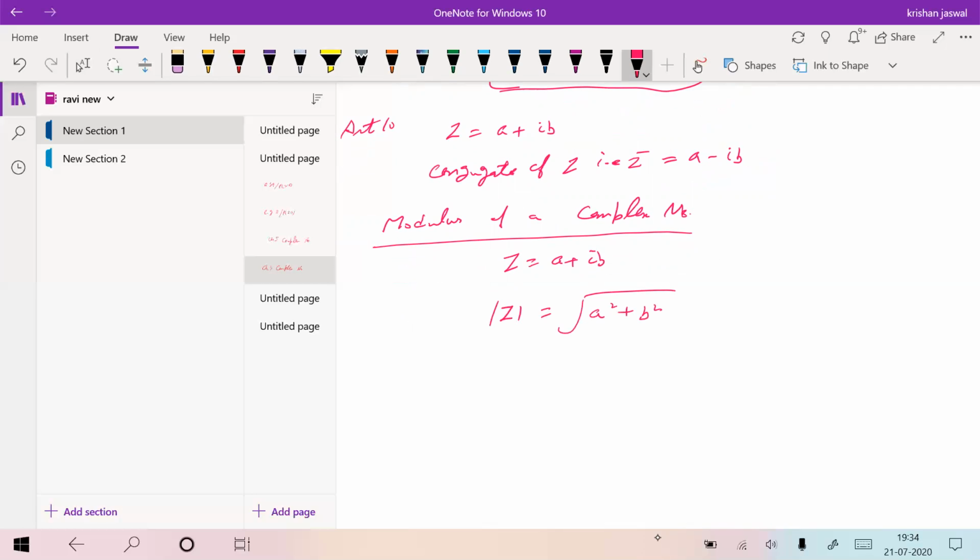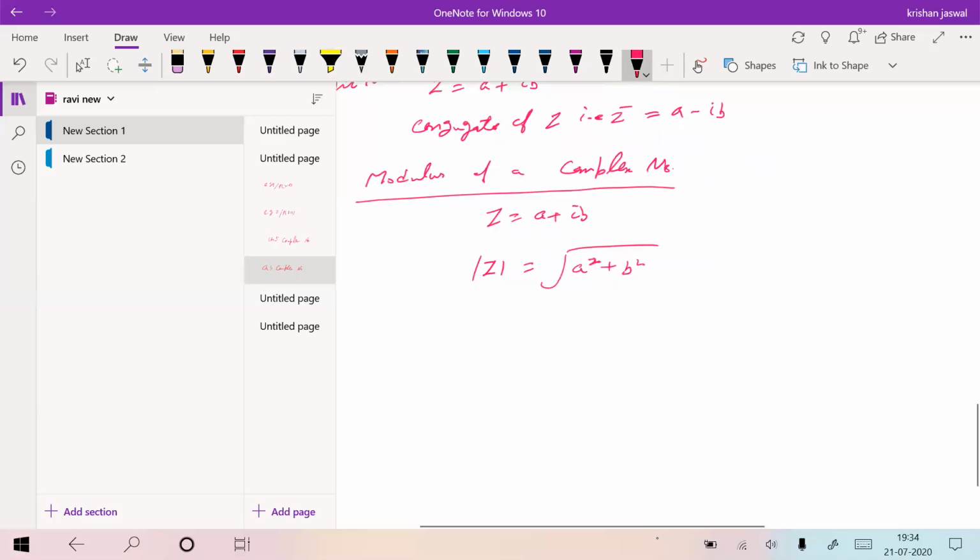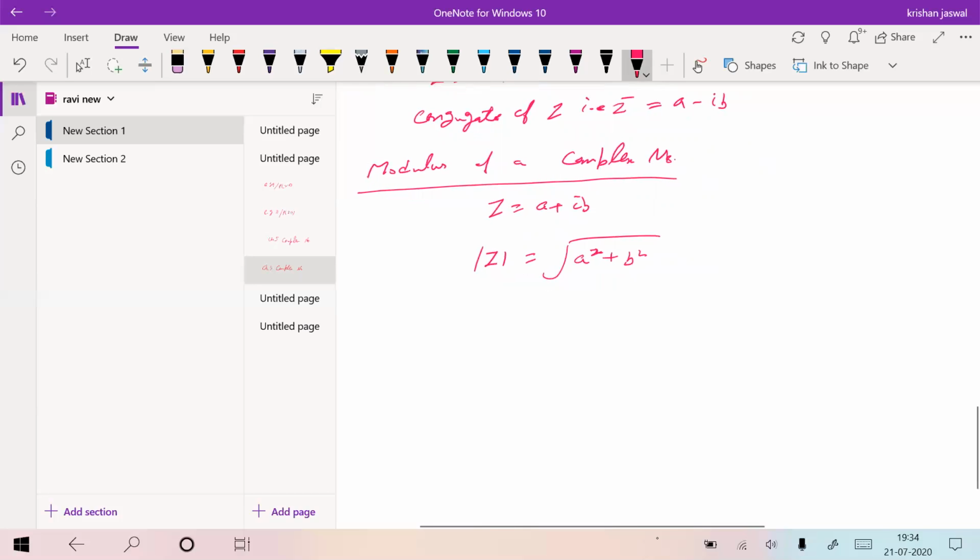This is called the modulus of a complex number. It is also called the absolute value of Z.